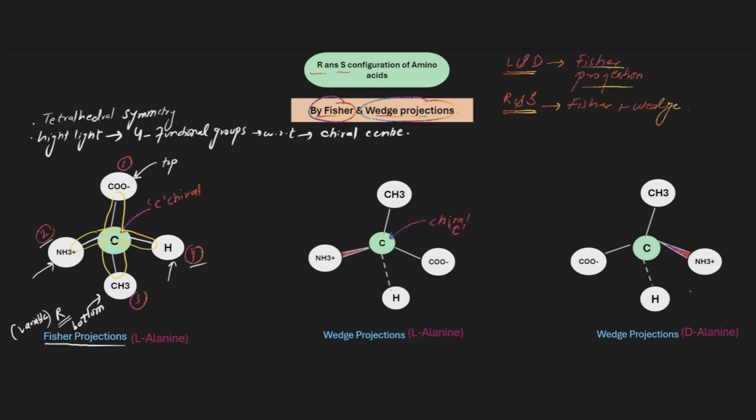The first rule that the wedge projections follow concerns the functional group which is present behind the plane, meaning when you are viewing the structure of the amino acid in 3D.